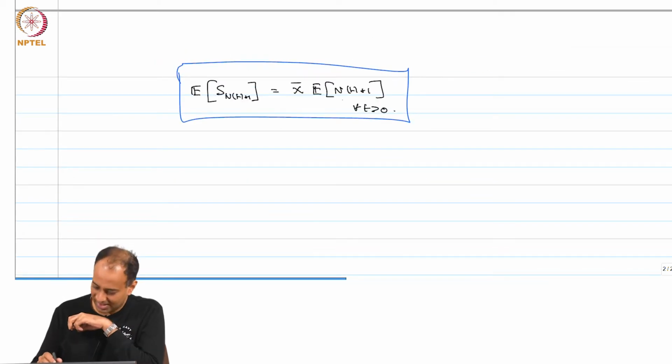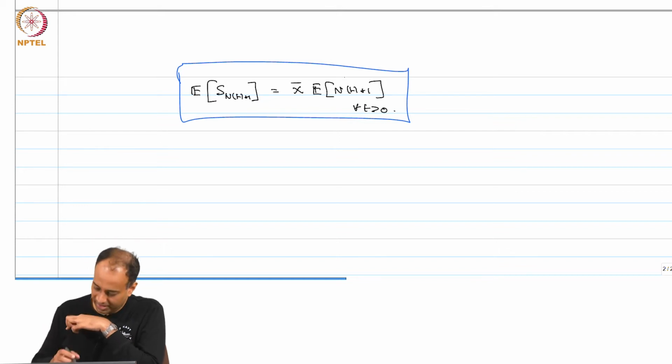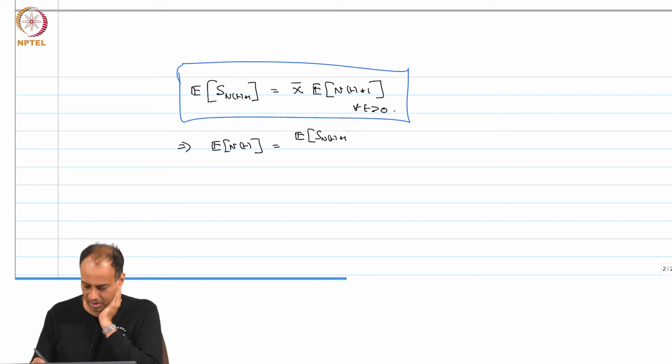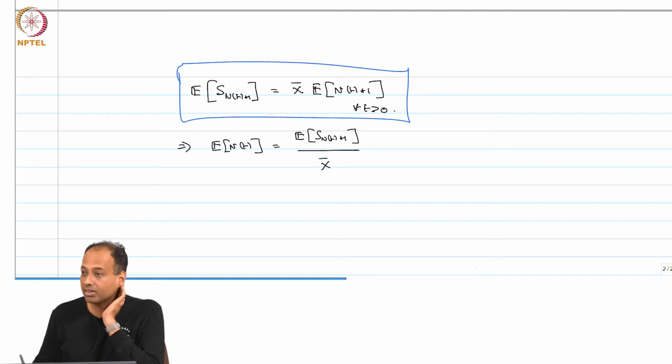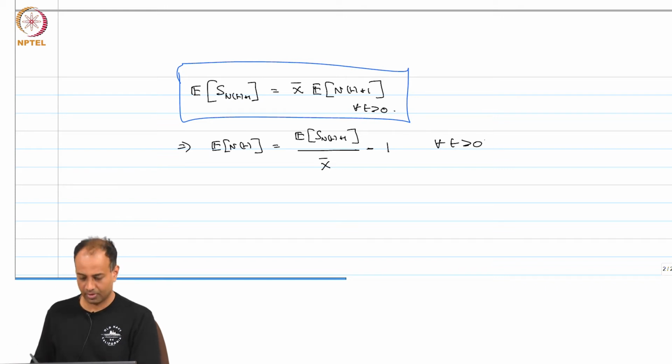So, you can see that there is some expectation of n t emerging right here. So, I can rearrange this. I want to deal with expectation of n t. I can write it as, can you help me out here, expectation of S n t plus 1 over x bar, correct, minus 1. This is true for all t greater than 0. Okay.